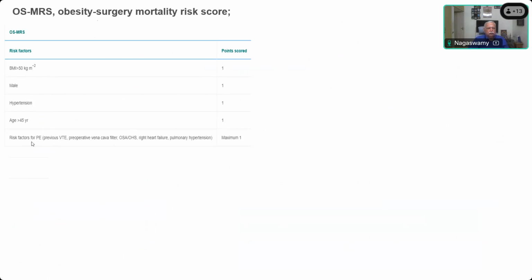Risk for previous venous thromboembolism or preoperative vena cava filter indication, or patients having OSA or OHS, right heart failure, pulmonary hypertension, all these things you give 1 point. So there are 5 points in total, and based on that you can calculate the risk involved in this patient.